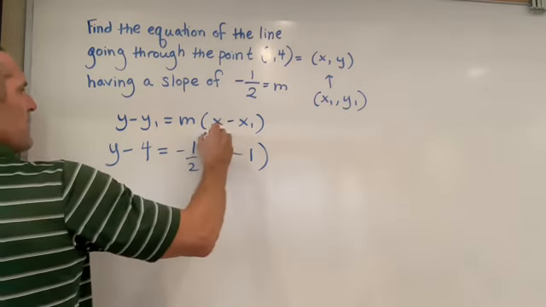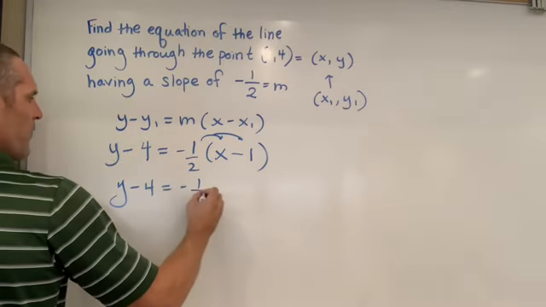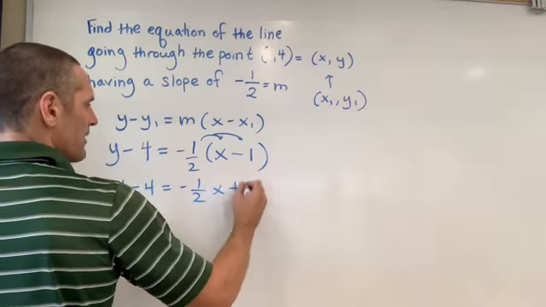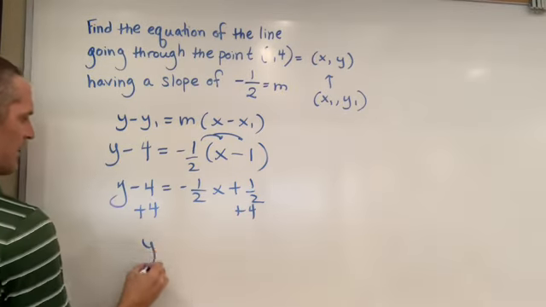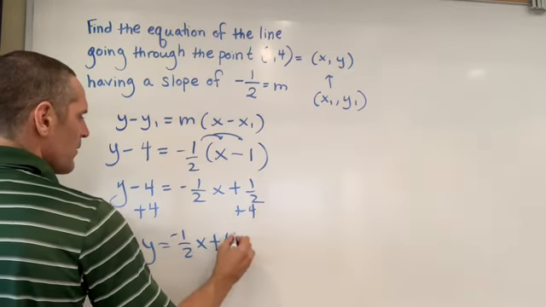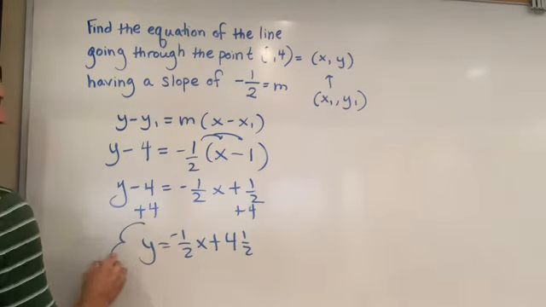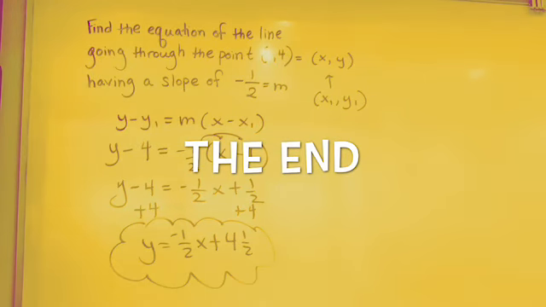So the first thing I do in this case would be distribute to get y minus 4 is equal to negative 1/2 x plus 1/2. And now if I add 4 to both sides, I'll get the same answer I came up with before. y equals negative 1/2 x plus 4.5. Either way, I'm going to come up with this answer.